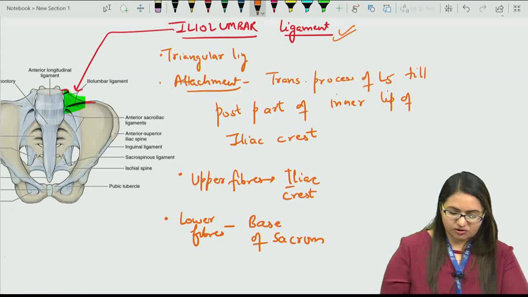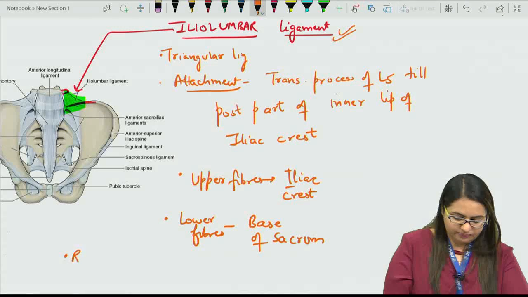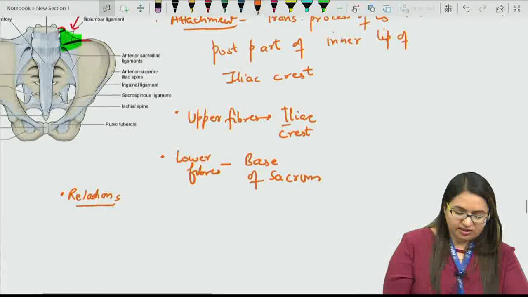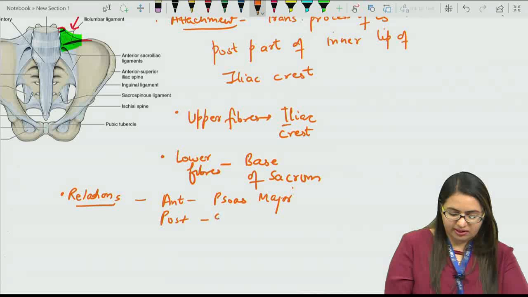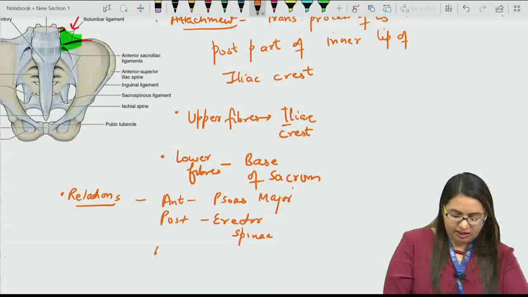As for the relations, just anterior to the iliolumbar ligament is the psoas major. Posteriorly, the erector spinae is there, and above we have the quadratus lumborum.